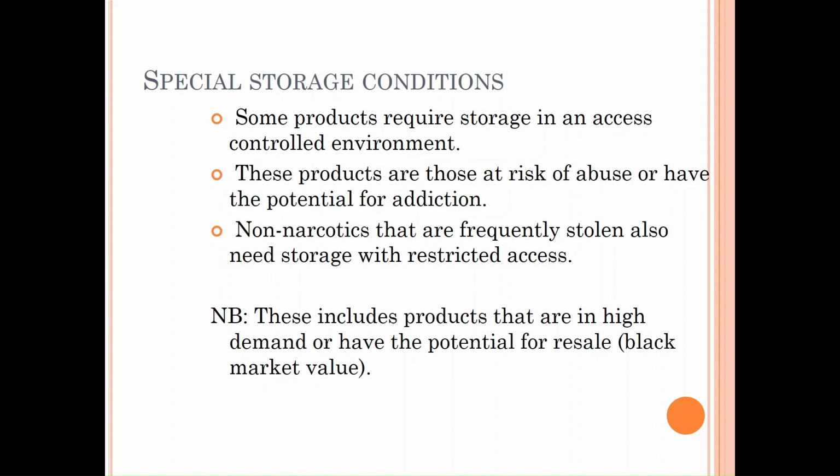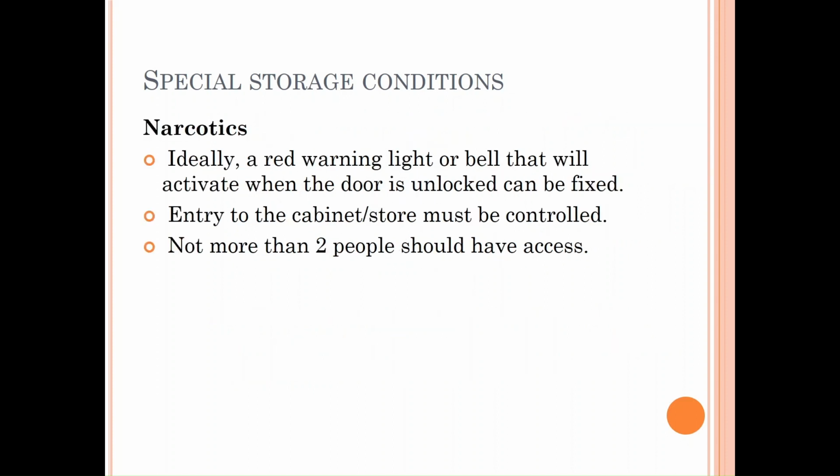or we have them in a specific room, or we have them separate from the main store, and they are also classified in 3, which we are going to look at. One is what we call the narcotics. Ideally, red warning lights. When you are storing narcotics, you make sure that you have a red warning light or a bell that will activate when the door is unlocked.